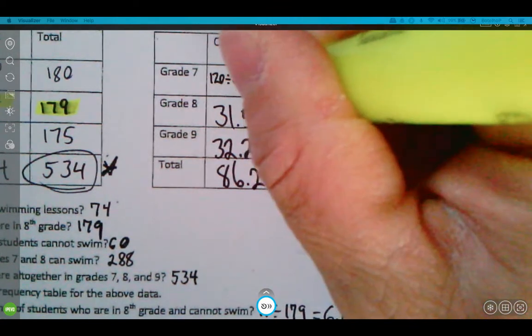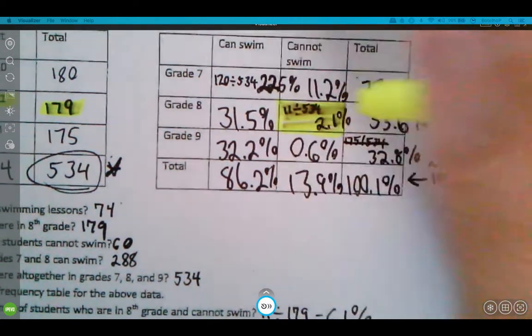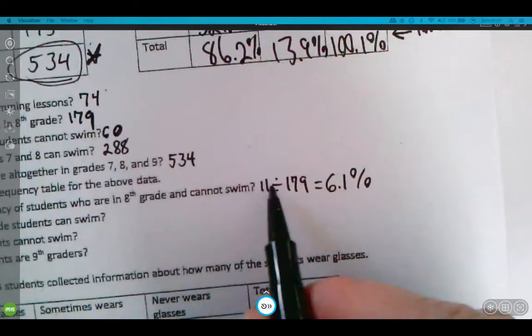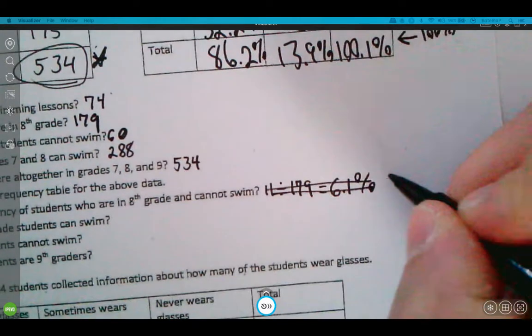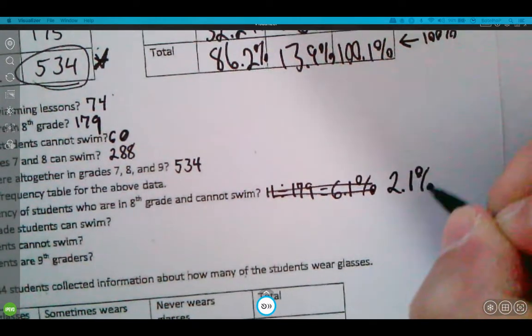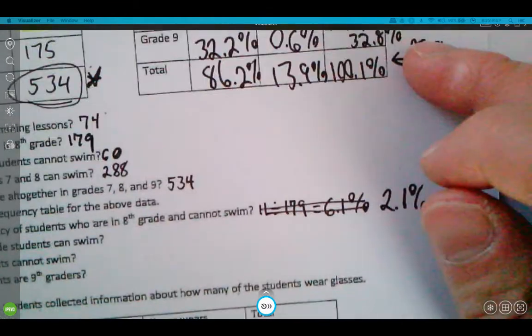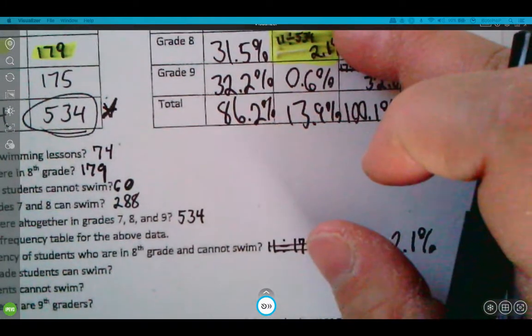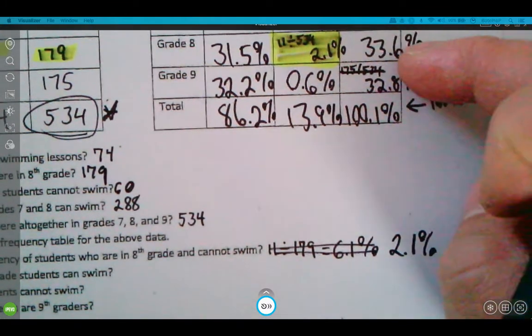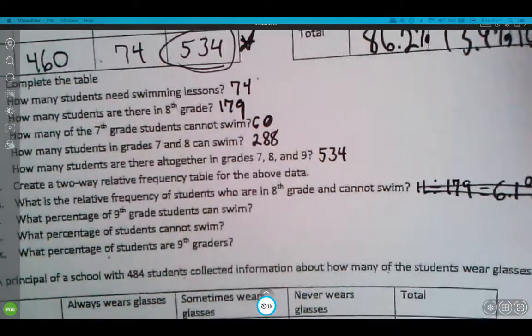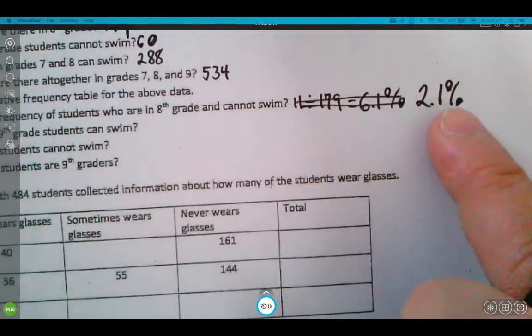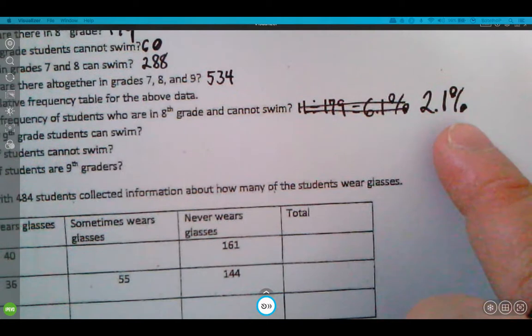I don't think I had to do any of that dividing. So I'm going to change this answer to just 2.1. It wasn't specific on what to compare it to, so I think that answer is just 2.1 there. So letter H is 2.1.